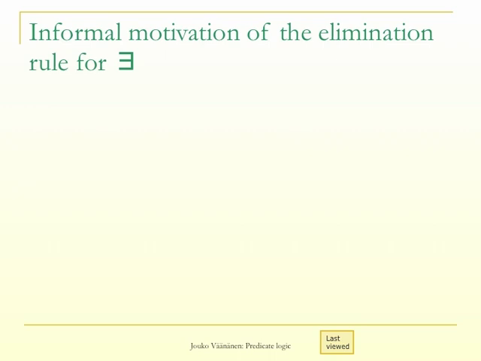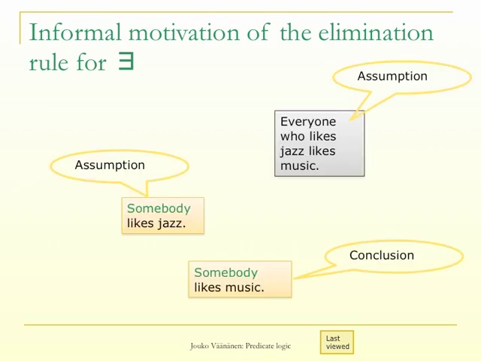Let us discuss the motivation of these rules. Let us take a very informal example of the elimination rule for the existential quantifier. Assume that somebody likes jazz, and in addition, let us take it as given that everybody who likes jazz likes music. Now, since we assume somebody likes jazz, we denote by x that person who is assumed to exist who likes jazz.